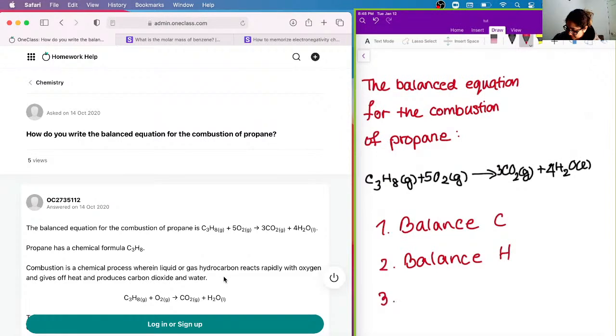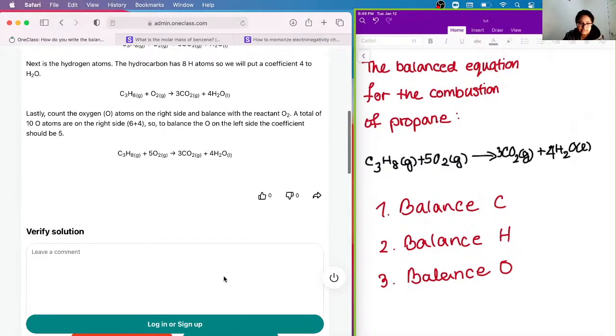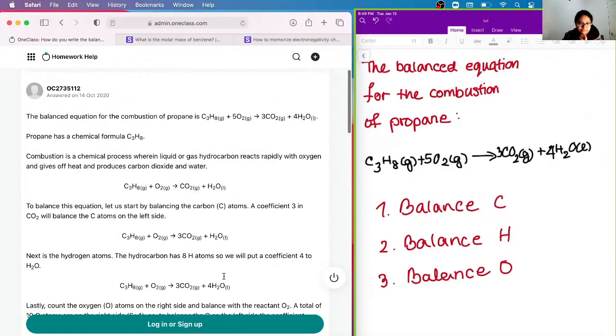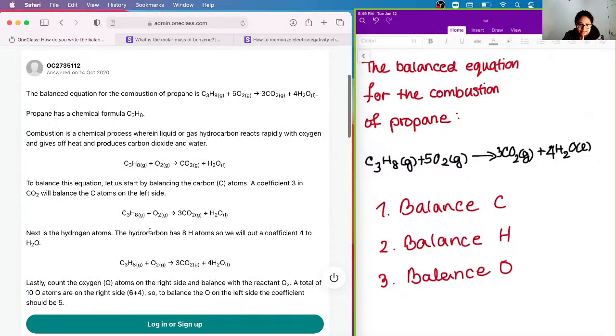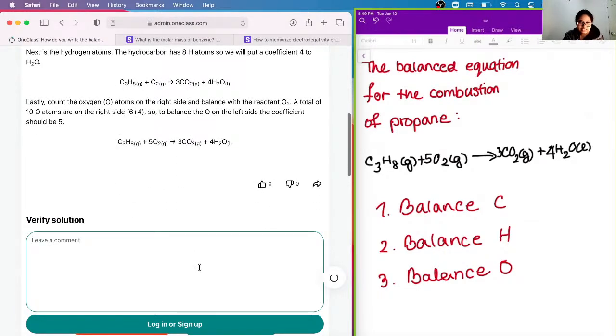The last would be to balance oxygen. Okay, and so these are the steps to come up with a balanced equation for the combustion of propane. So they have said to balance by balancing the carbon and then hydrogen and then oxygen. So the solution here is correct.